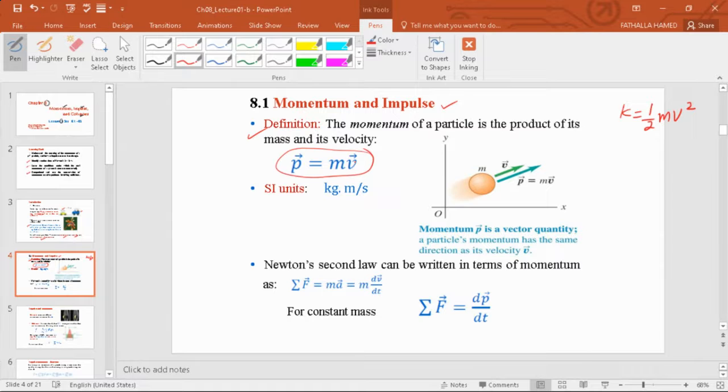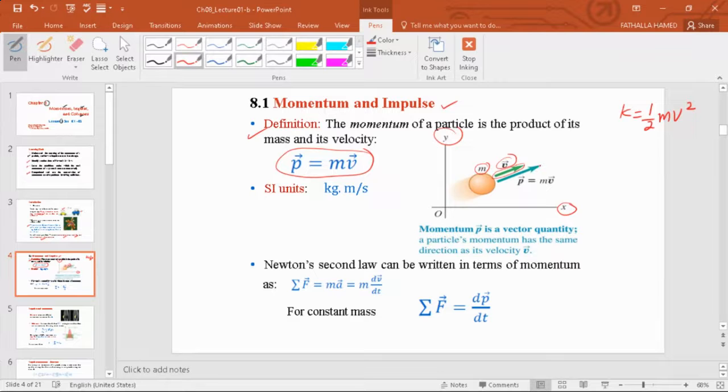Now, if you look at our figure here, this is the x-axis, that's the y-axis. We have a particle of mass m moving with velocity v, and there is a green arrow here to indicate the magnitude of our velocity.